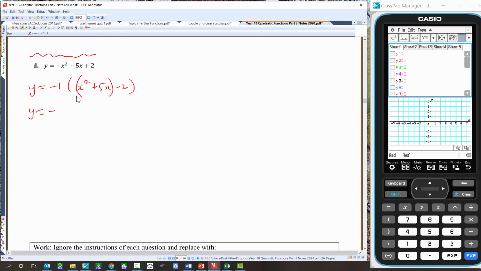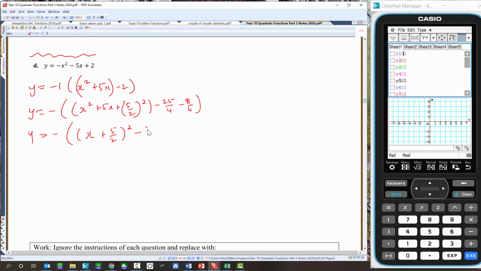So we're going to say that this is negative x squared plus 5x plus 5 on 2 all squared. So halve it, square it, add it. Now we need to subtract it, 25 on 4, and we're going to remove 8 on 4 or 2. Right, so y equals negative x plus 5 on 2 all squared, take, what's that?